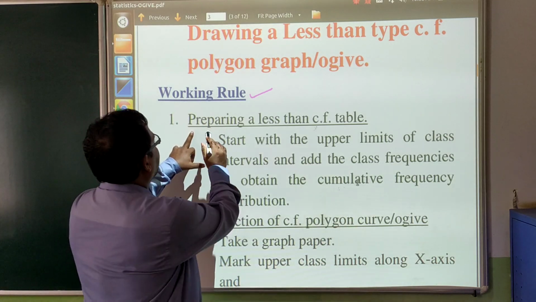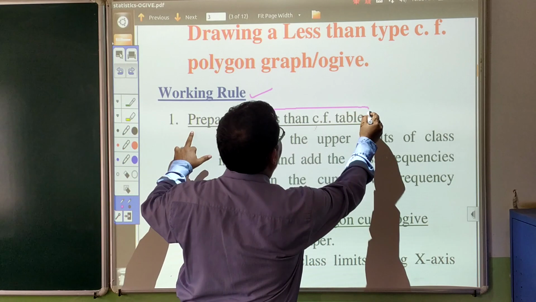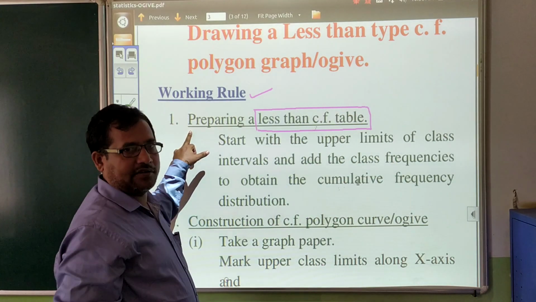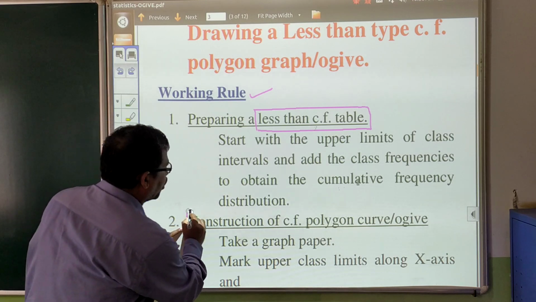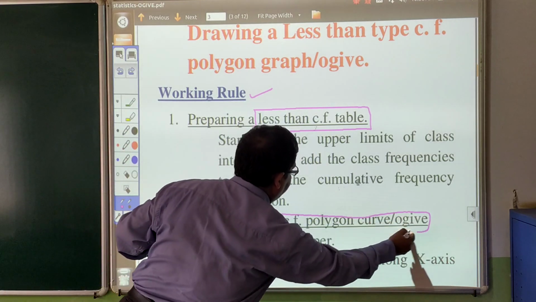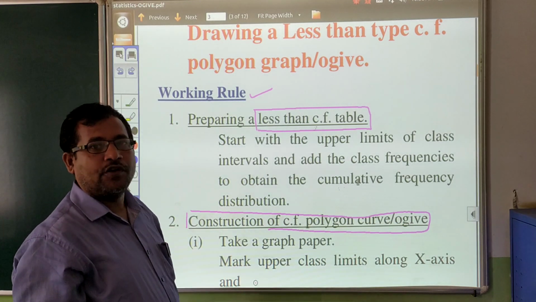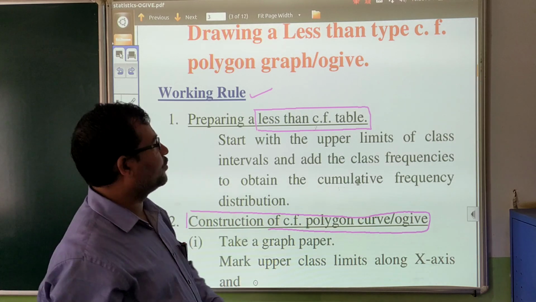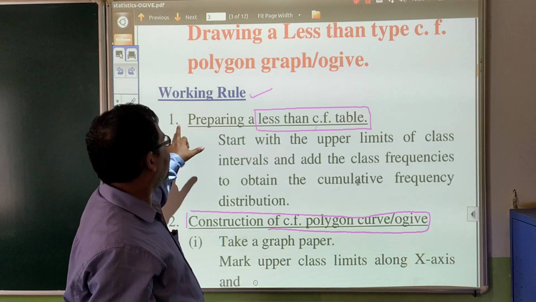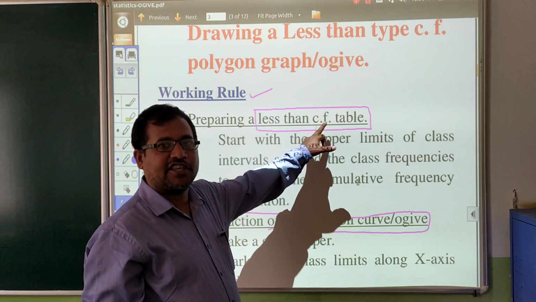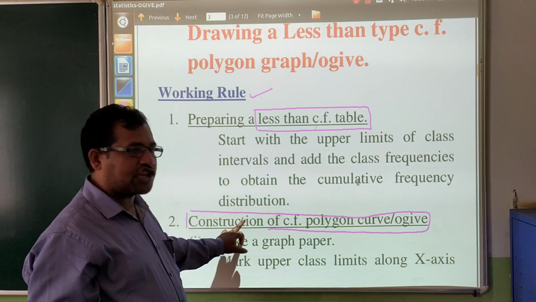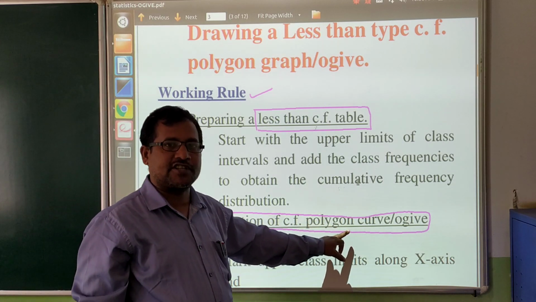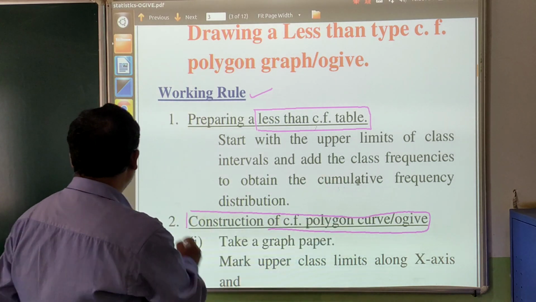First one is preparing a less than cumulative frequency table, and the second one is construction of the curve or OGIVE.